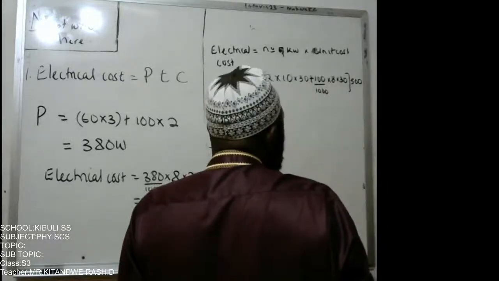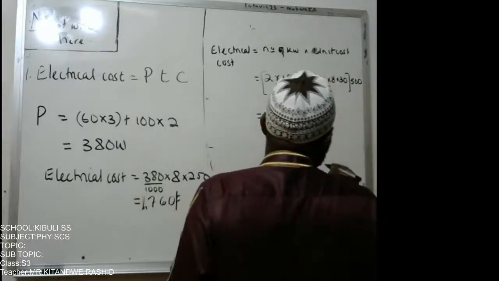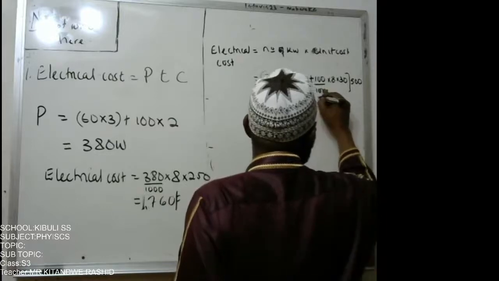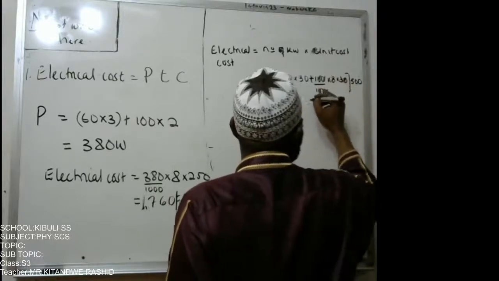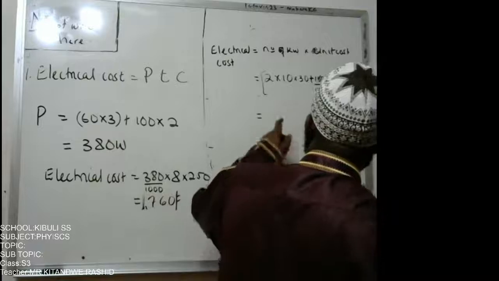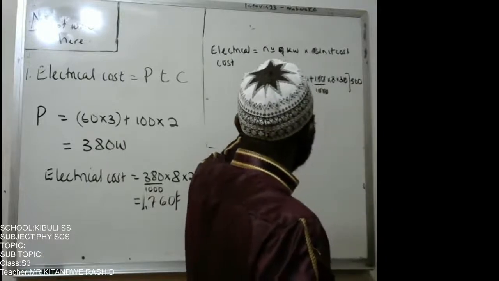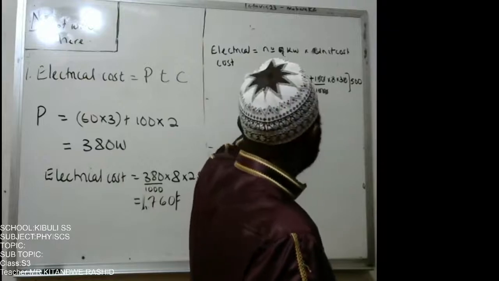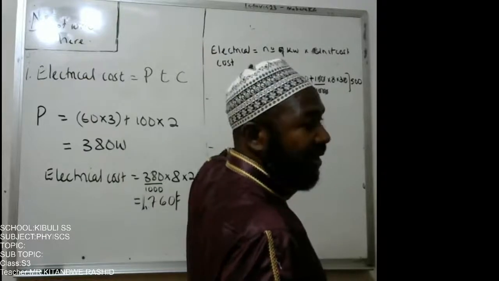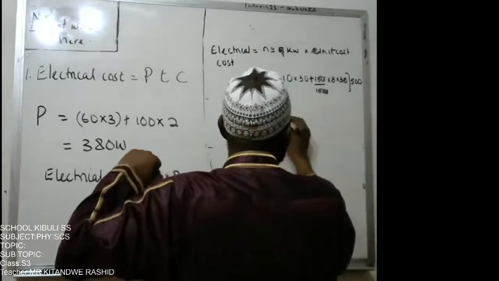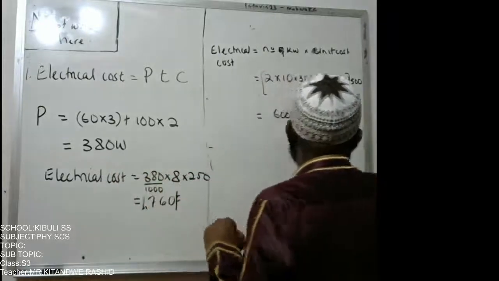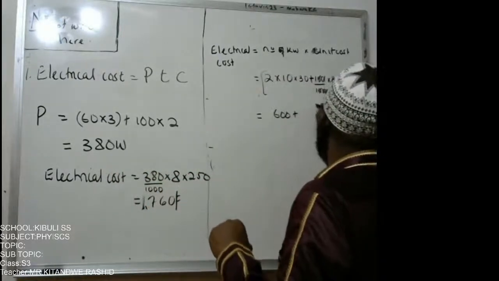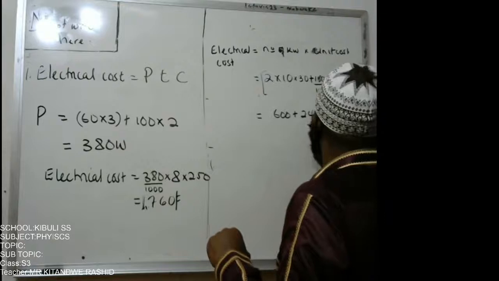So we simplify. This one can go with this. So we remain with 2 times 3 is 6. So that means this is 600, plus 8 times 3, 24.